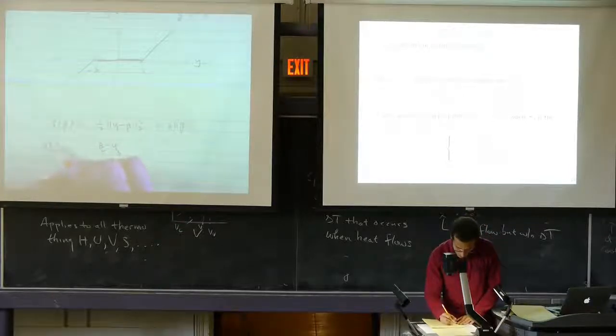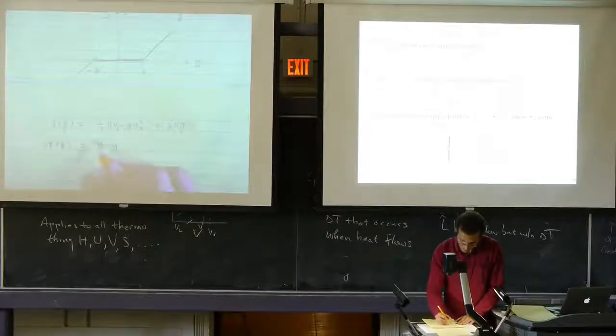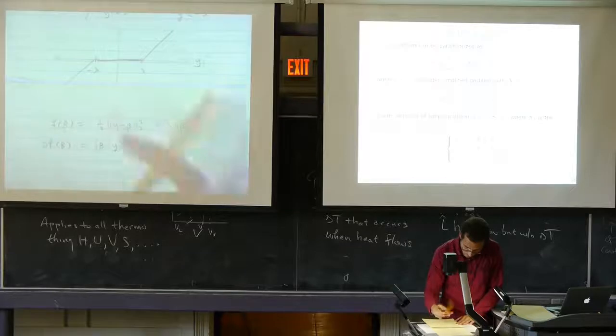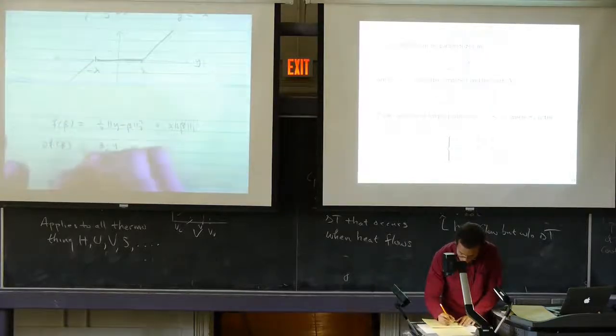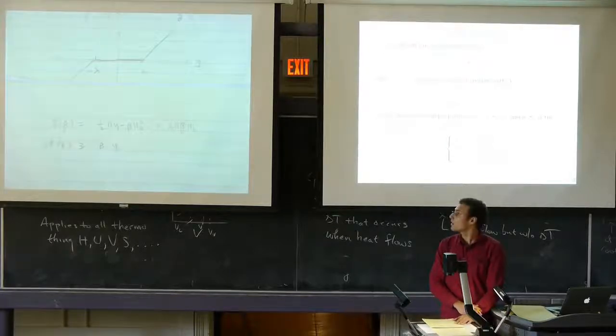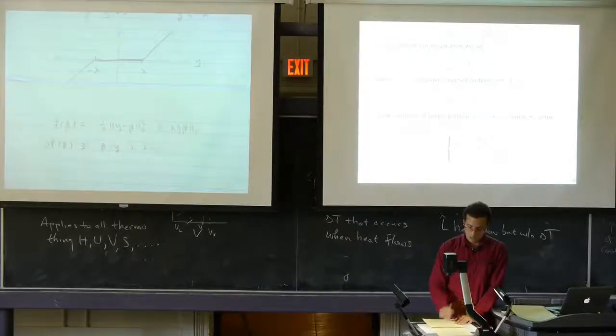So elements of the subdifferential of f of beta are beta minus y plus, I can take this out because it's positive, lambda times v, where v is a subgradient of the 1 norm.